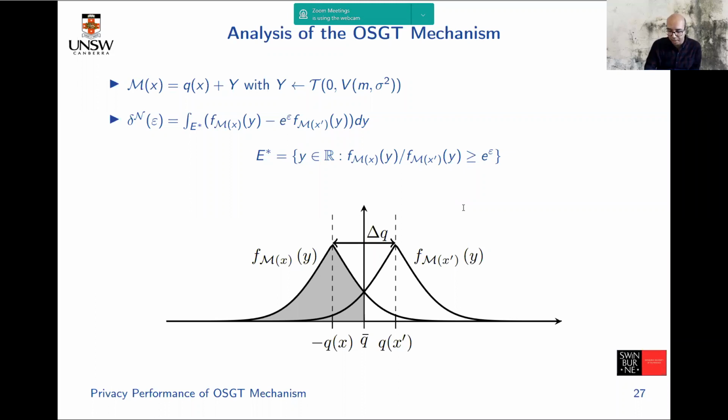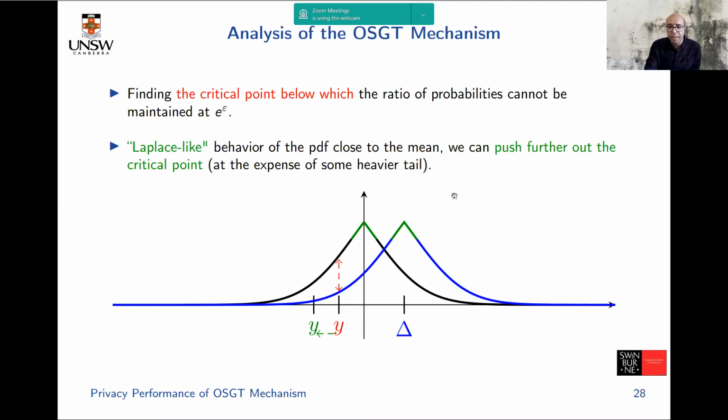Again, as we mentioned in the analysis of the Gaussian distribution, we need to find the critical point of y below which, for example, we have a better delta.